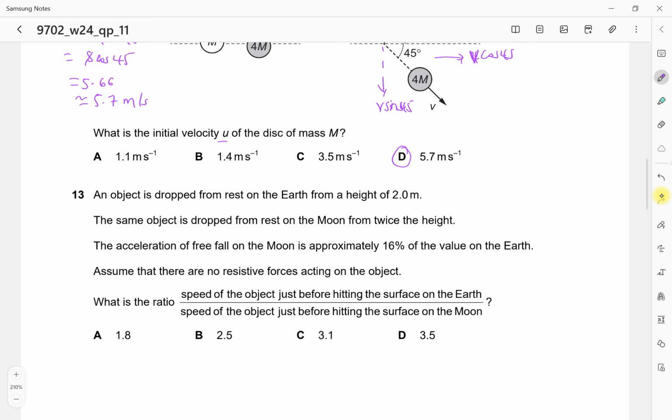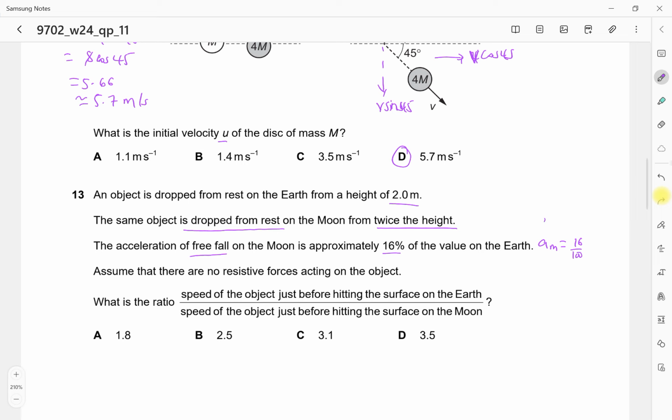An object is dropped from rest on the earth from a height of 2 meters. The same object is dropped from rest on the moon from twice the height. The acceleration of free fall on the moon is approximately 16%. So acceleration on the moon is 16 over 100 times the acceleration on the earth.